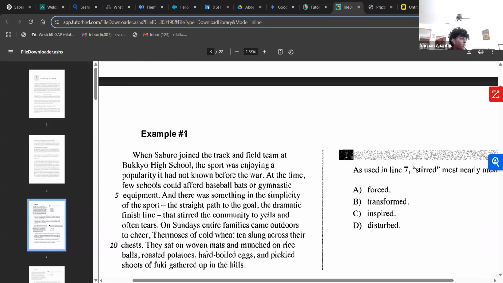I think it means inspired. Okay. I'm going to pick someone else to give me the answer. Kaushika? I also think it's inspired. Good. Okay. Good job, everyone.